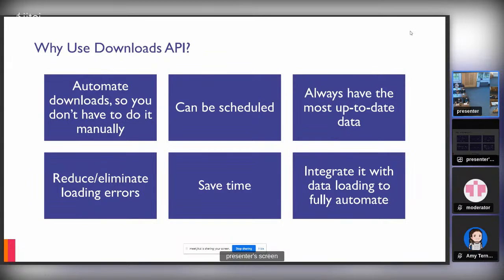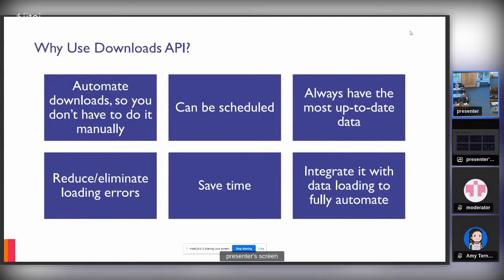You can also ensure that your local data holdings have the most up-to-date version of the data. It also limits opportunities for human error in your process. Once you've got it automated, you can bring it in without somebody misclicking a button at an inconvenient time during a download.